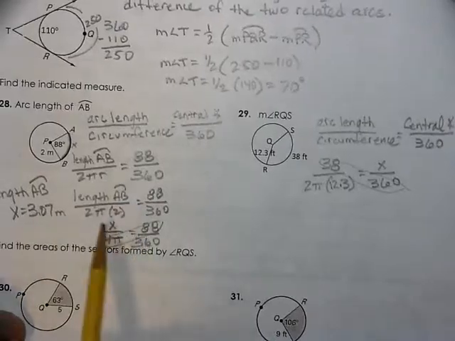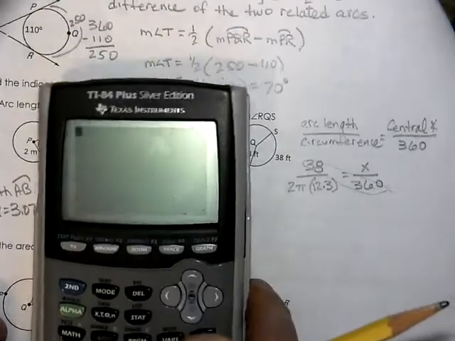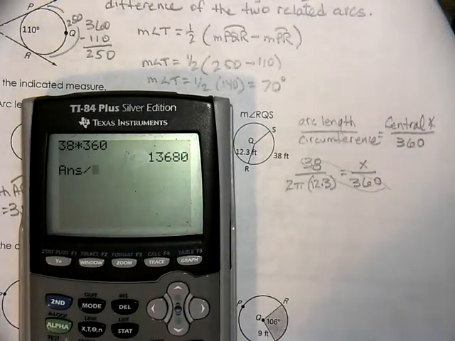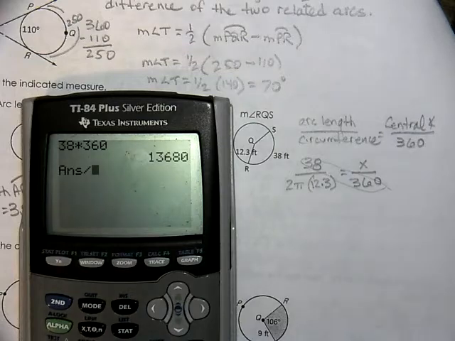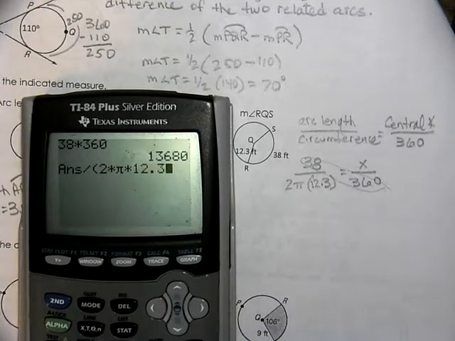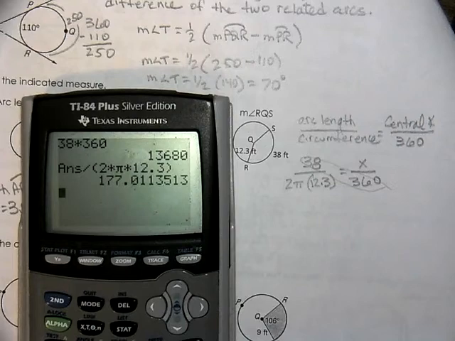Same reason I didn't do it over here. So I'm going to take the 38 times 360, and then I'm going to divide this. Now, to divide this correctly, you need to be sure to use parentheses: 2 times pi times 12.3. You've got to use parentheses if you're going to represent dividing by that whole denominator.